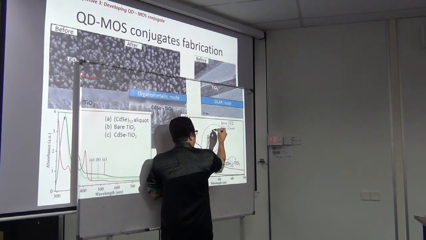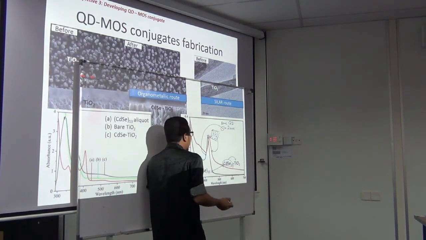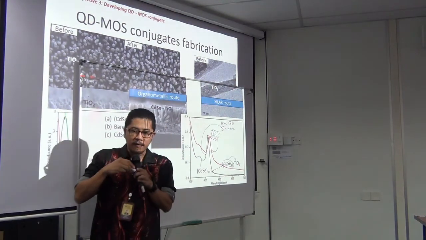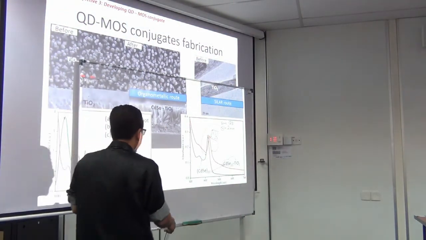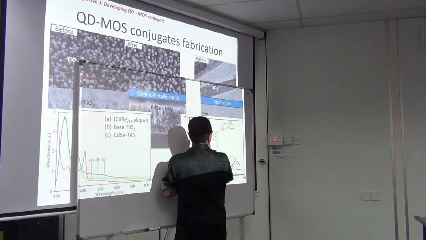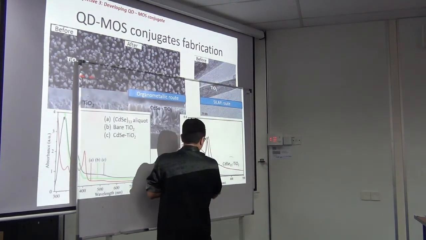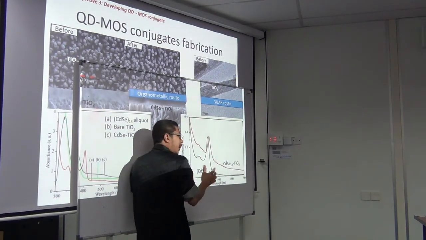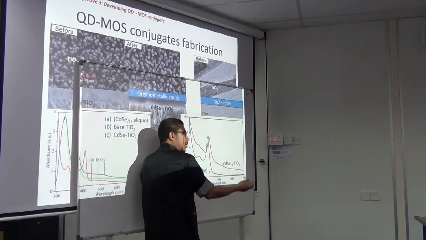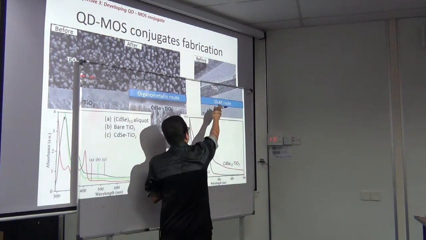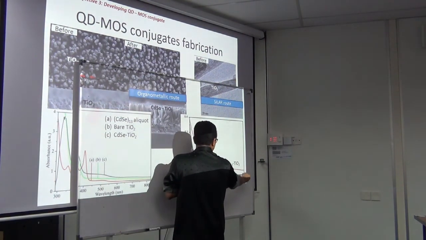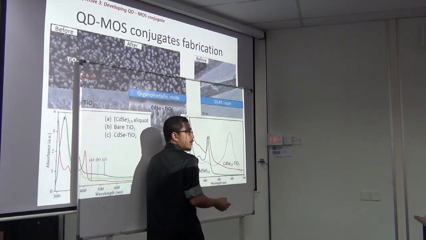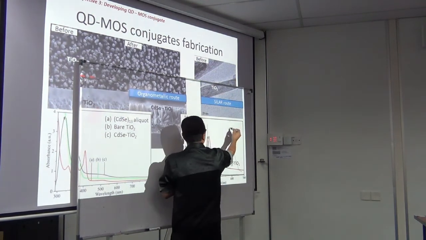Now if the quantum dots inside the TiO2 CdSe conjugate give us a different graph, for example, remember the bare quantum dot is the black one. If our quantum dot in this structure gives us this line, see the difference?